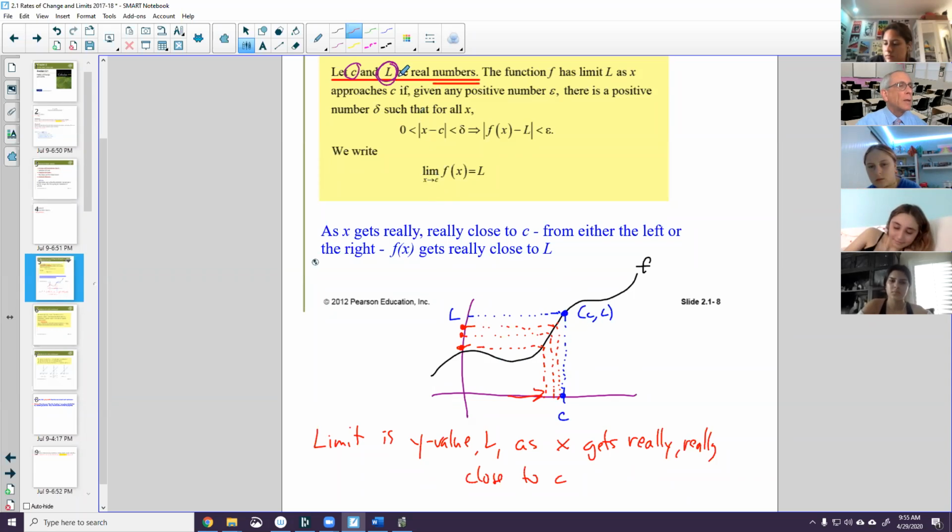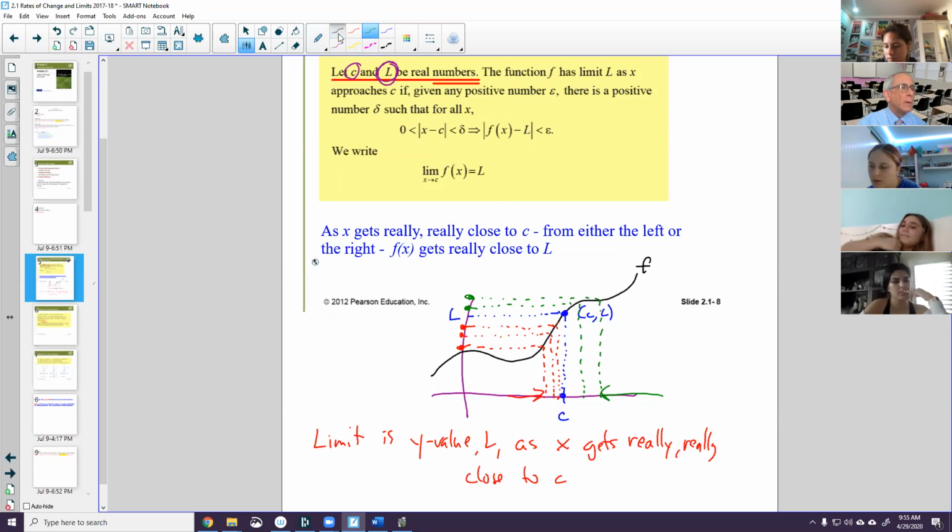Now I'm going to go from the other direction. Let's say I was approaching c from this direction. So here's my x value right now, and my y value would be up here. And if I get a little bit closer to c from this direction, that's my y value.